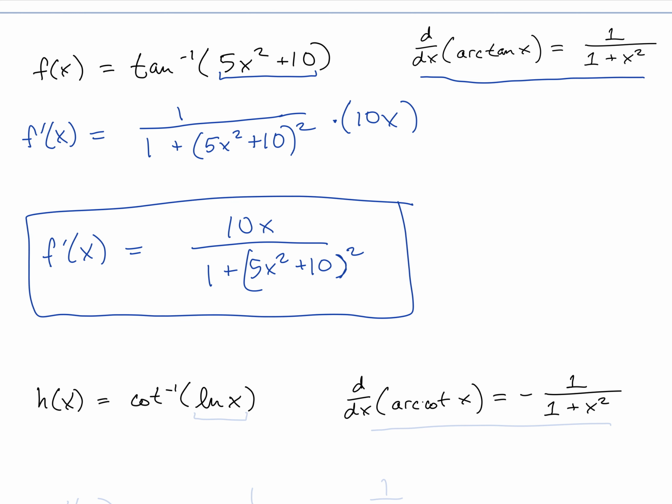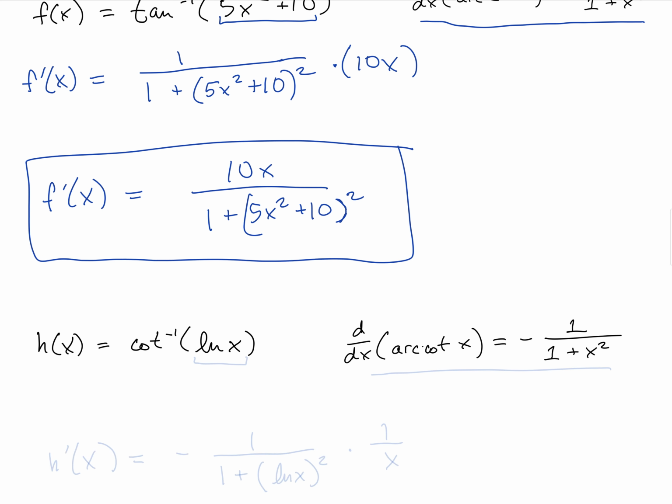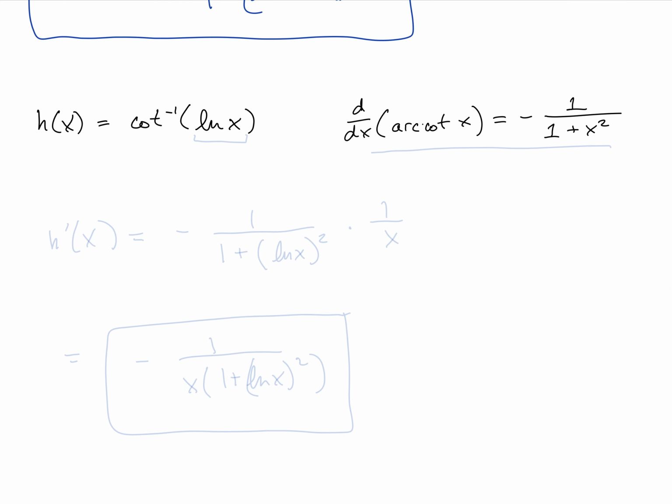For the derivative of cotangent inverse of natural log of x, we know the derivative of arc cotangent of x, or cotangent inverse of x, is this: the negative of the derivative of tangent inverse of x. So again, chain rule, ln of x is the inside function. h prime of x is negative 1 over 1 plus, and natural log of x is the inside function, squared, multiplied by the derivative of the inside function, multiplied by 1 over x.